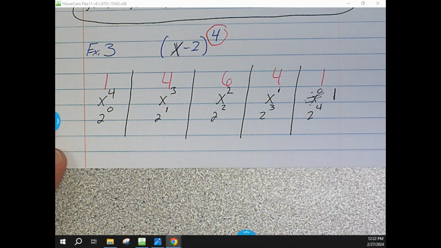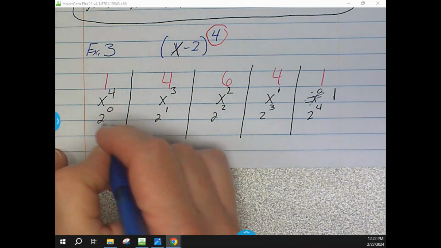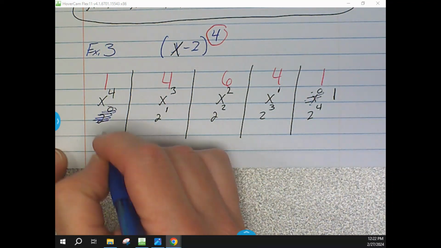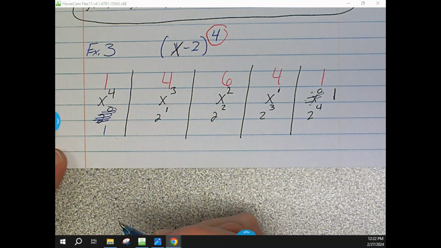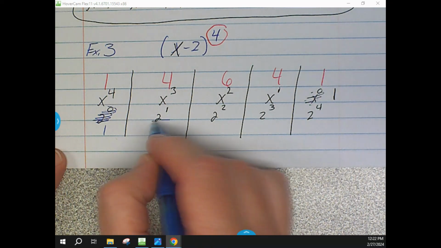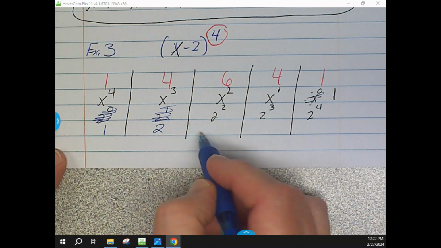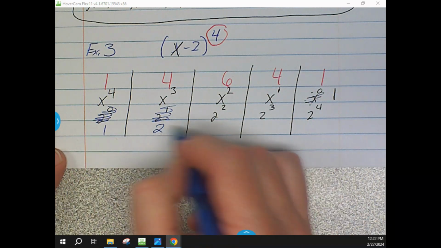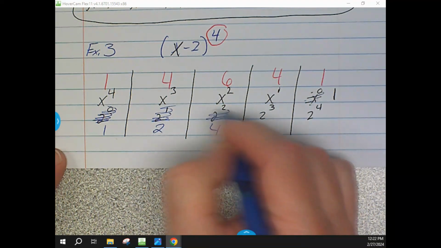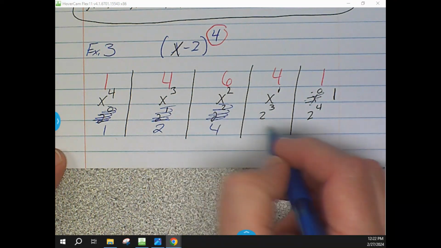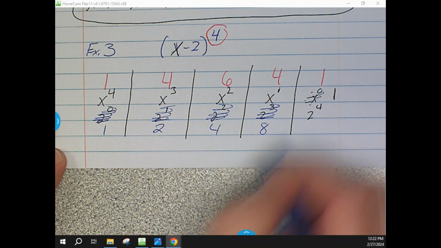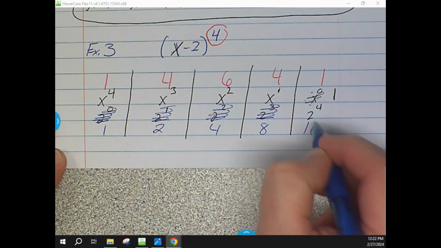Okay, so 2 to the 0 power. I said anything to the 0 power is 1, so we got that part. To the first, well, that's just 2 to the first power, so that's just a 2. To get the next, and again, from here, we'll just keep multiplying by 2. 2 times 2 means that's going to be a 4. 4 times 2 is 8. 8 times 2 is 16.